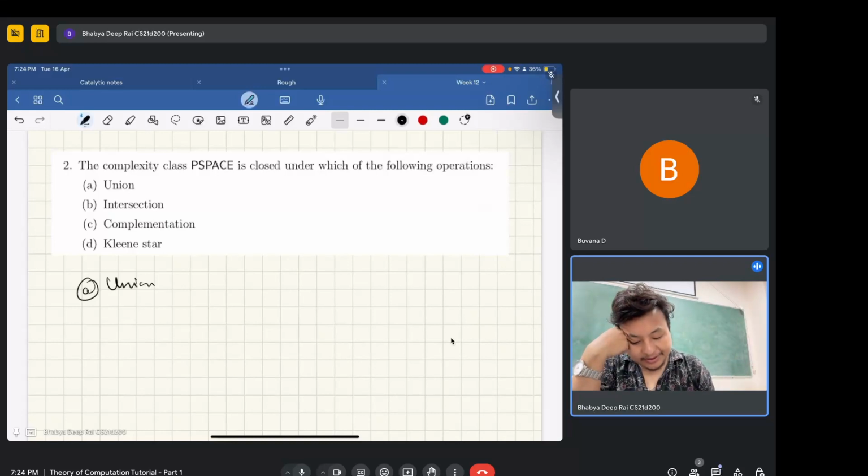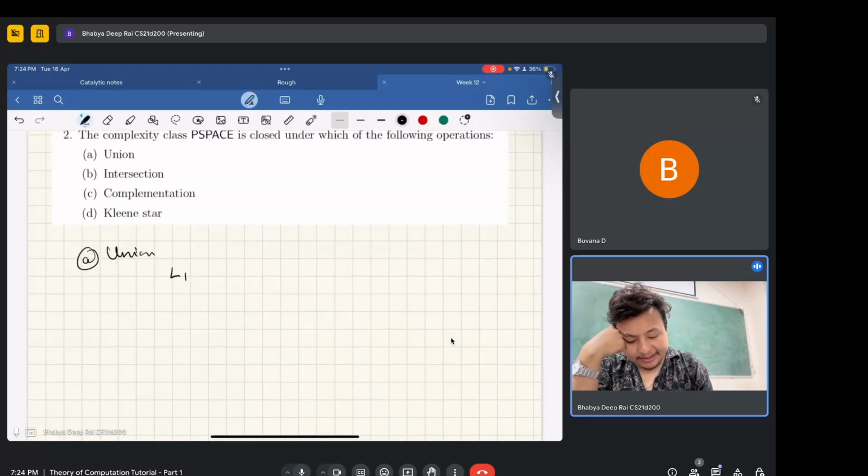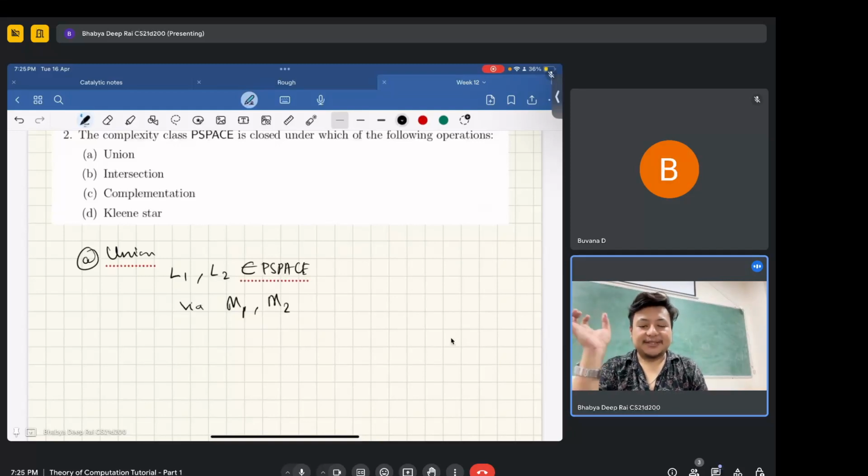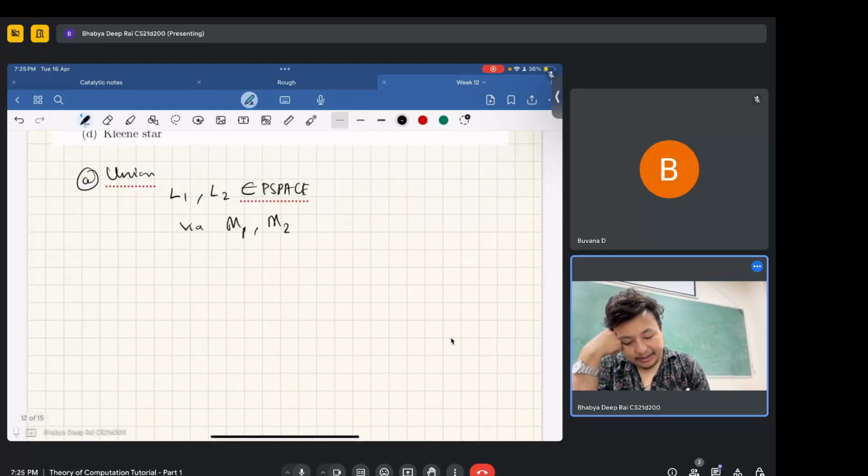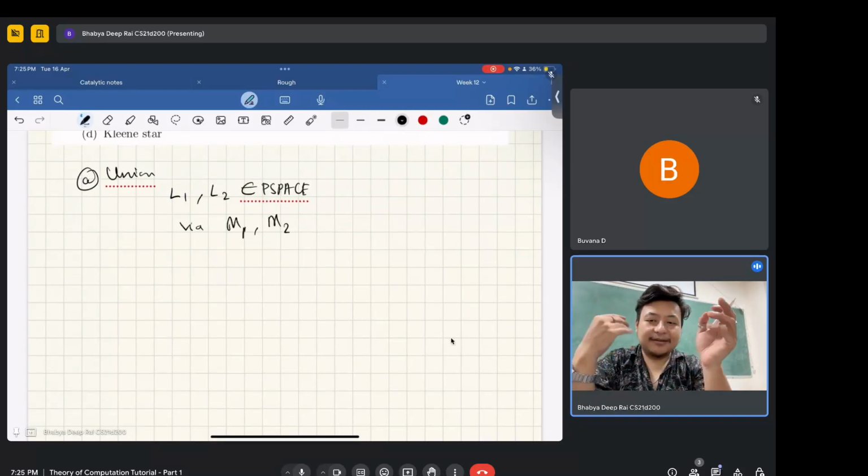Okay. Union. So let's say L1 and L2 are two languages which are contained in PSPACE via M1 and M2. Via meaning both machines take polynomial space. So what I need to do is find the union. What does union mean? Either M1 accepts or M2 accepts or both accept.